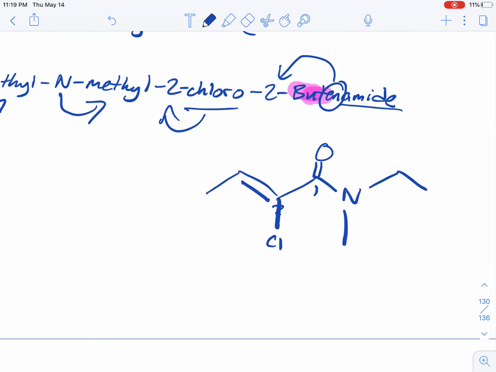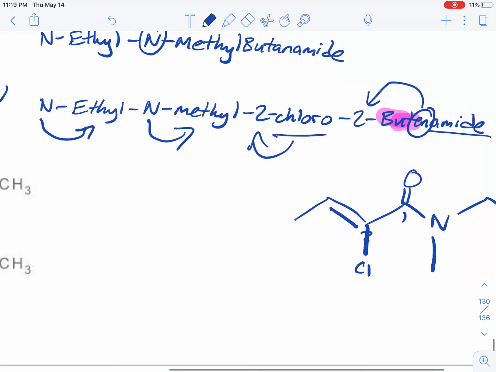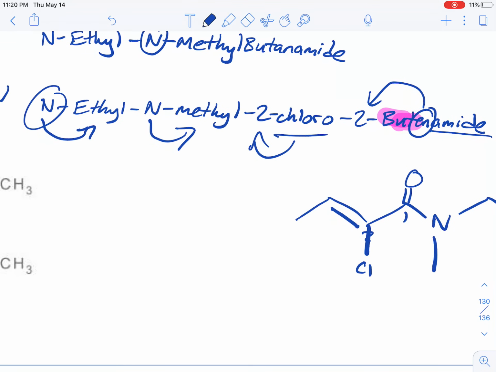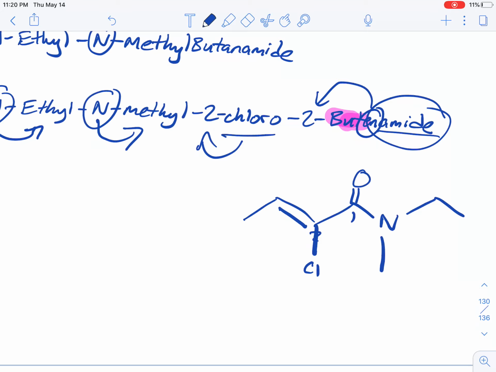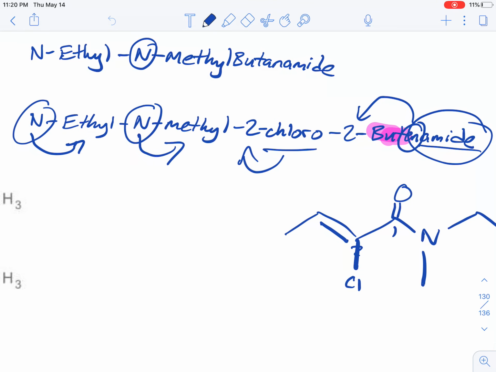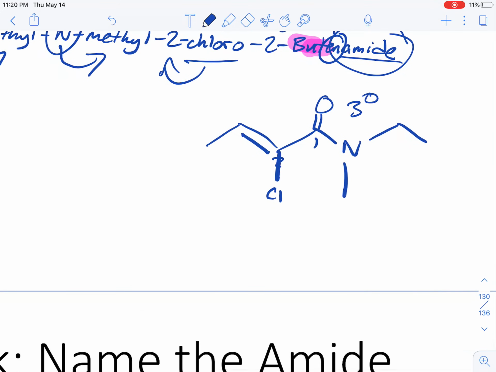After you guys have drawn this, then and only then can you determine if it's primary, secondary, tertiary. Technically speaking, you know if it's primary, secondary, tertiary based on the number of N's you have. So if you have 2 N's on an amide, then you know that this is a tertiary amide.